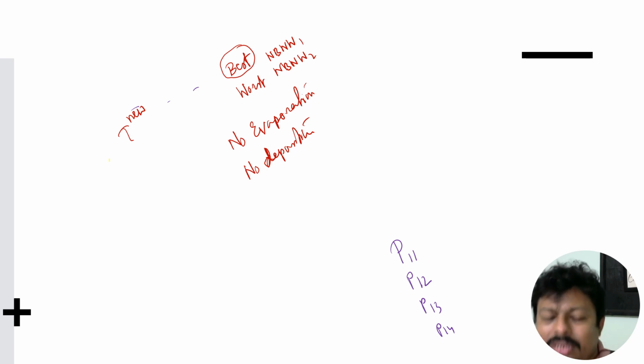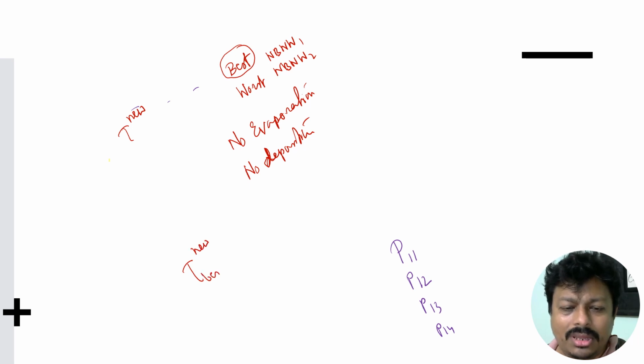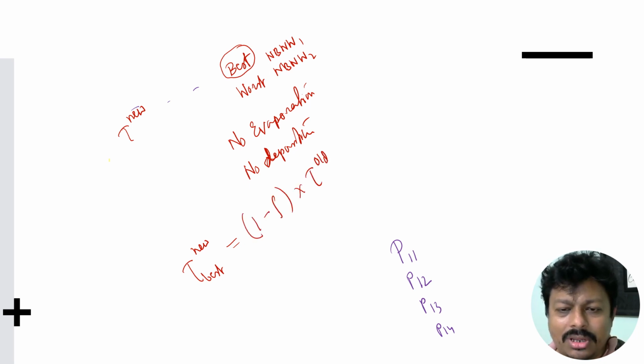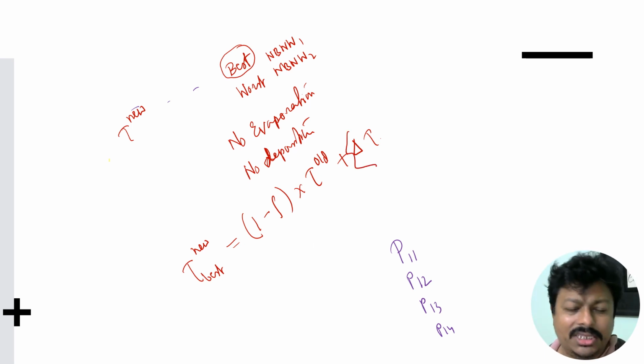Right? So that is why, for the best path, when we are calculating tau new, we will change this equation: 1 minus rho multiplied by tau old plus del tau summation. How will we change it?